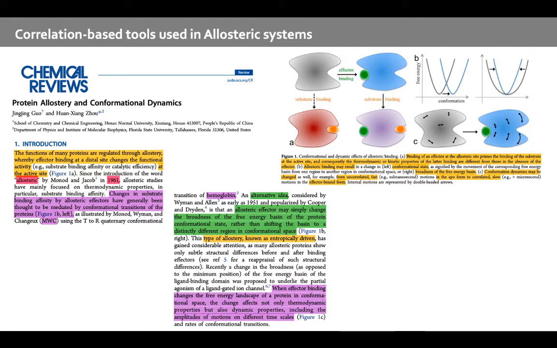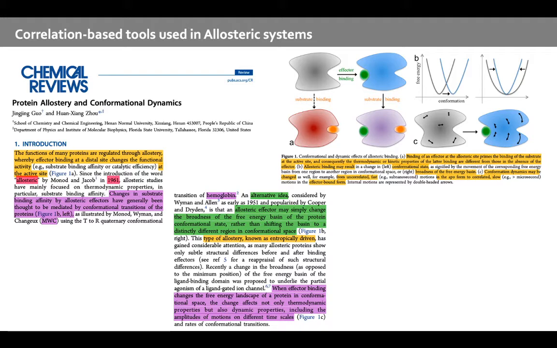Or you can also have dynamically based allostery, where it's basically the free energy basin that gets altered, how wide it is. Anyway, there are different types of allosteric pathways and mechanisms that I'm not going to talk about in this tutorial.